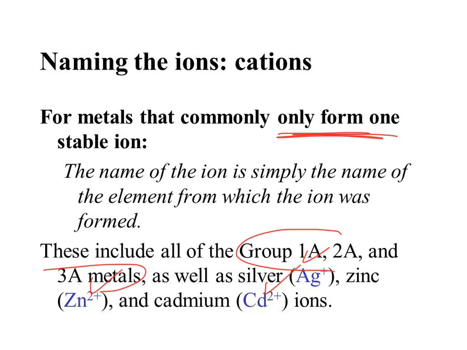Metals that only have one form: they're the group 1A metals, the group 2A metals, skip the transition elements, the group 3A metals only have one form. Also kind of buried in these group B elements, there are 3 metals that also only have one form. Those are silver with a +1, loses 1 electron. Zinc and cadmium both lose 2 electrons.